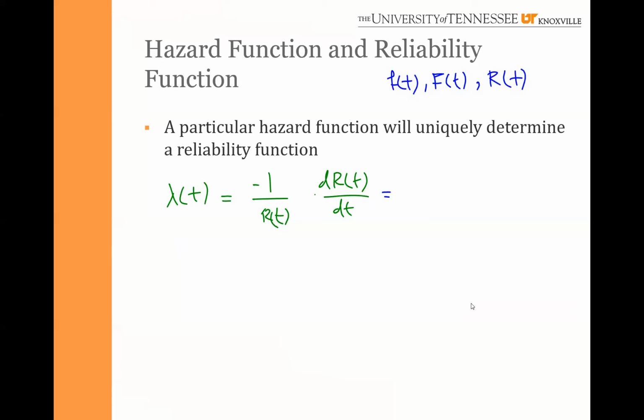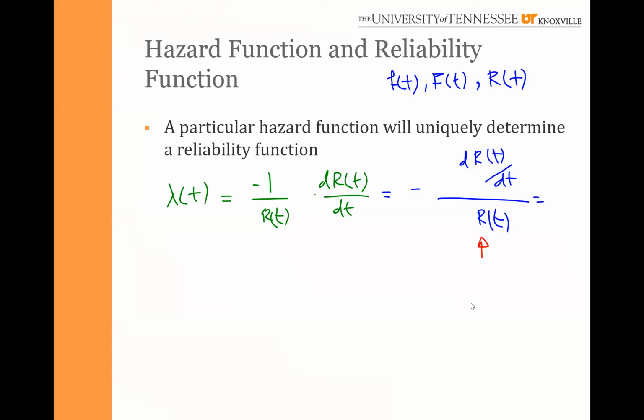So first, let me rewrite this as dR(t)/dt over R(t). I have a question for you. Can you write this in a more simplified way? I'm willing to give a chocolate for that. Yes, but that's not my answer.